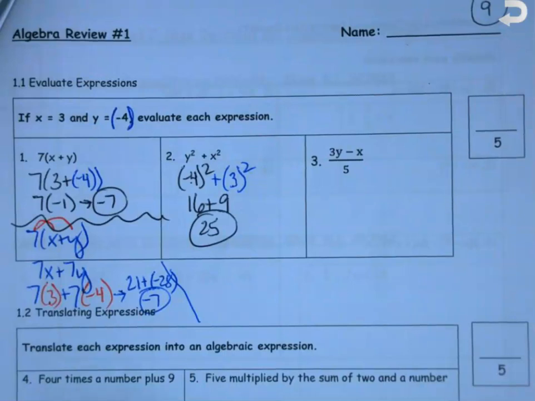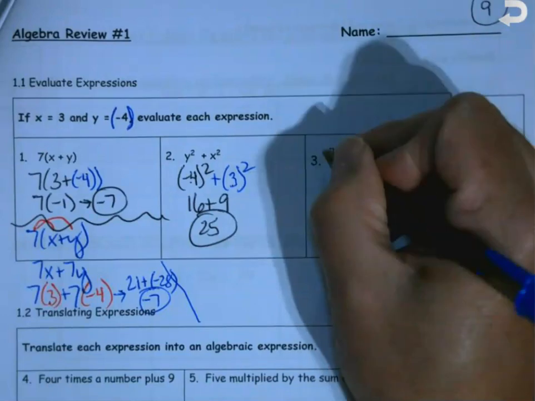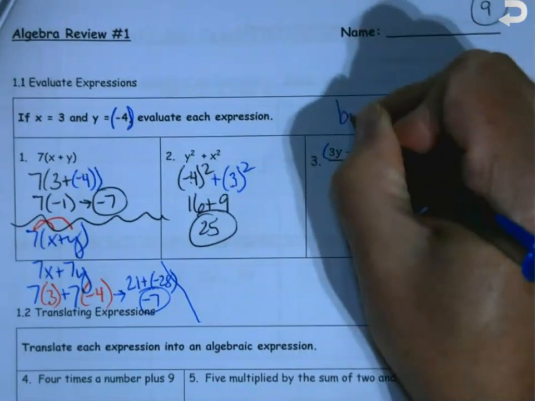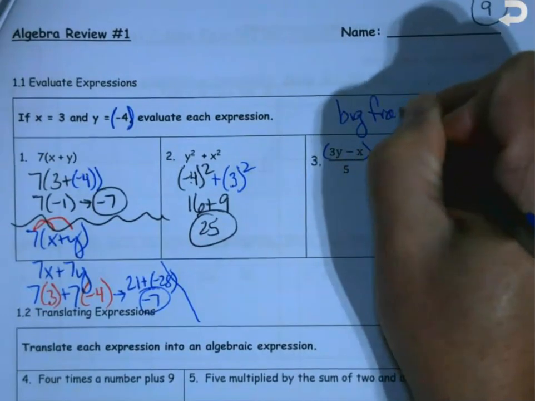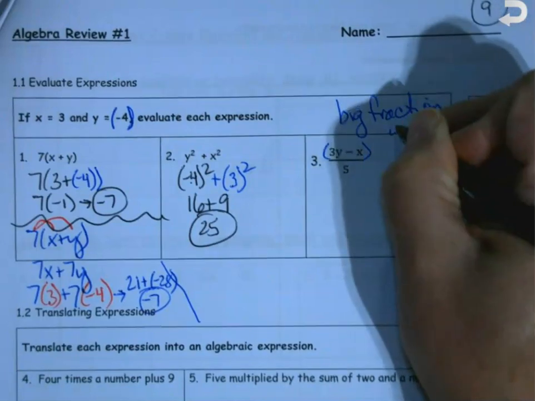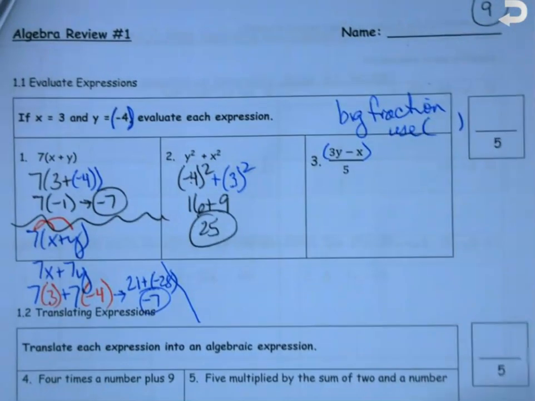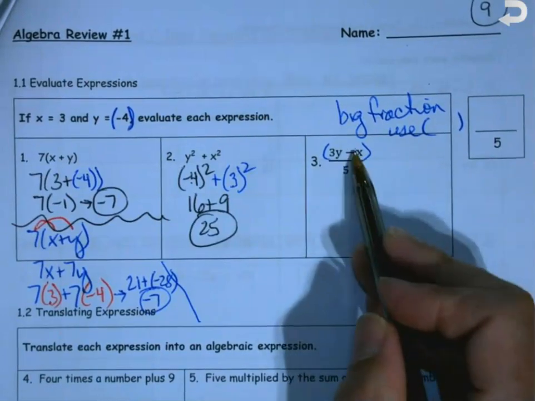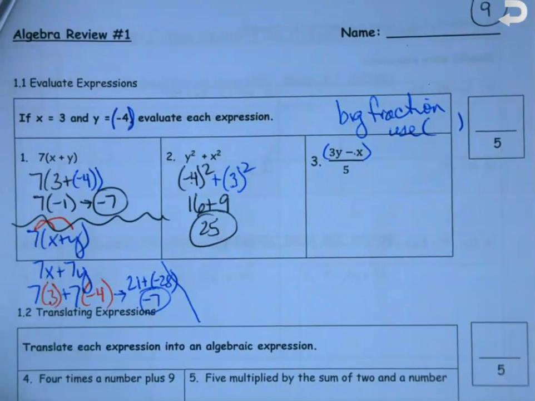Last twister possibly on you here. So you're like, ooh, man, he's not being like the nice little layup ones here. Number 1 wasn't bad. Number 2 could have had a twist. Number 3 can be outright bad. Because when we have a big fraction, we need to use parentheses on the top, because even if you plug in numbers and type them correctly into the calculator, you're probably going to get the wrong answer, because the calculator is going to want to divide before it does this, and that's not what we want.